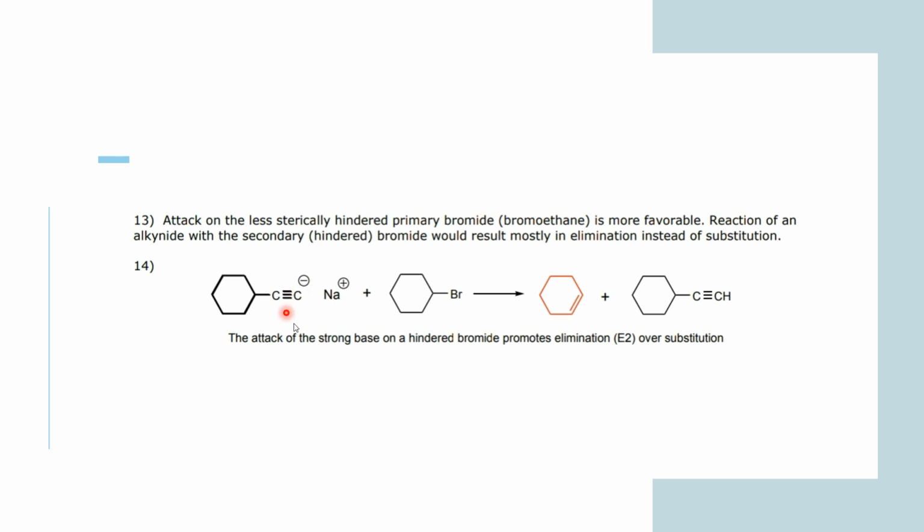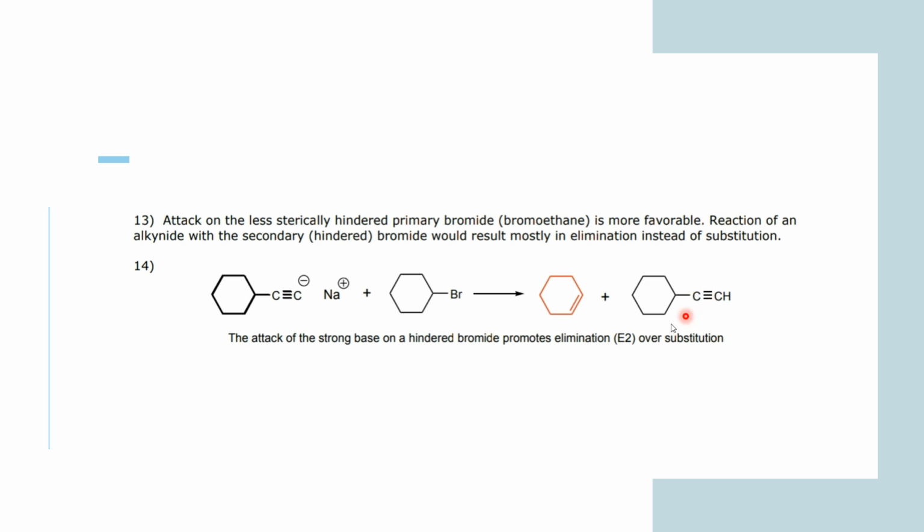What will happen? This base, alkynide, will extract a proton from either this side or this side. Since it is a symmetrical molecule, this or this is the same. One of these centers will give up its proton for E2 elimination, and after extracting the proton from this position, the CH bond will break and the arrow will be pushed to this carbon-carbon bond, and this bromide will be knocked out, leading to the formation of the major product, this cyclohexene.